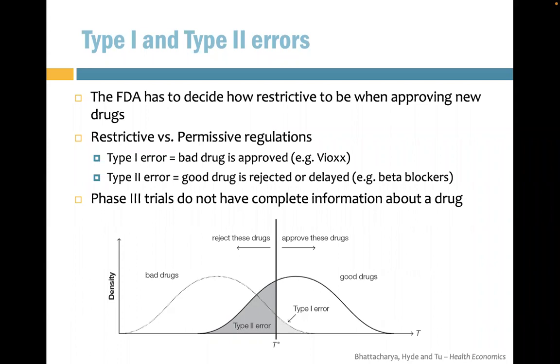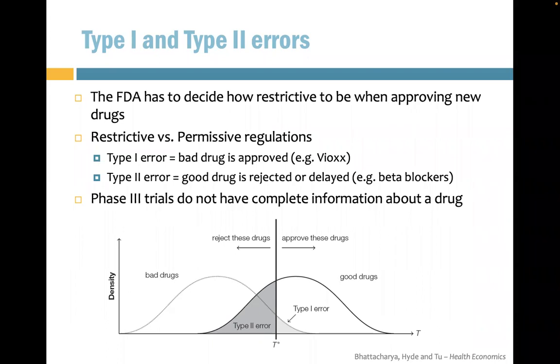So you approved it and it went on the market. It doesn't seem to do as well in the market or in the general population as in the trials. This results in a bad drug being approved. We call that a type 1 error. In the case of a vaccine, we can think of a vaccine that is not effective but is approved.